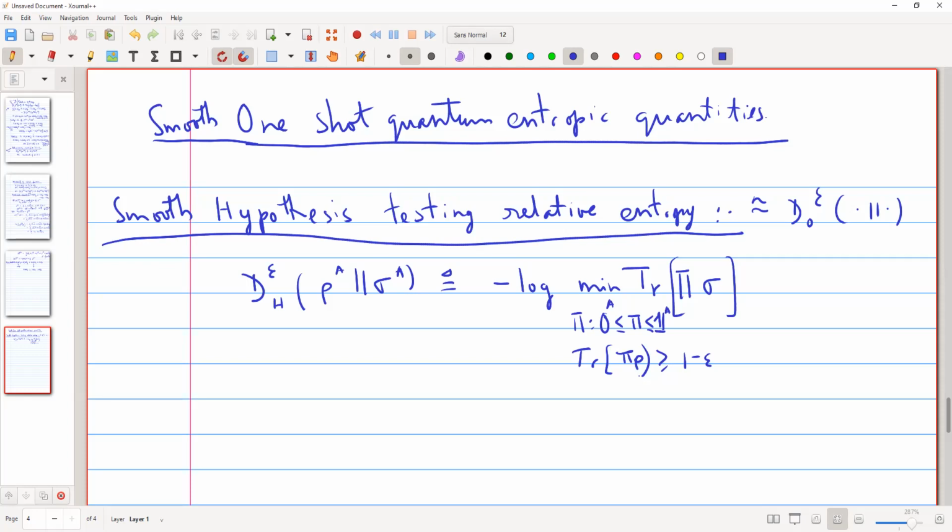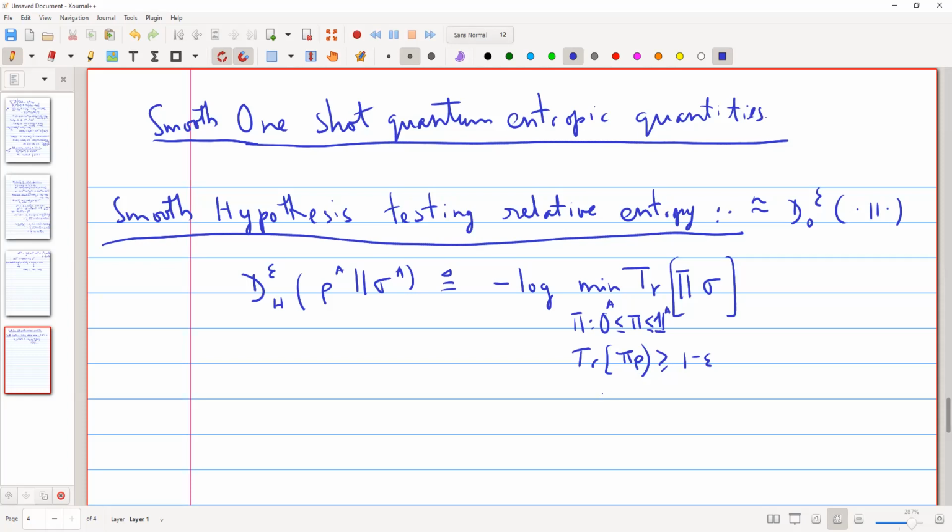This is familiar from the classical case. Classically, everything is diagonal: pi is a diagonal matrix, rho is a diagonal matrix, it's just a probability distribution. Trace of pi rho is the probability of accepting the positive hypothesis. For each sample point A, I have an acceptance probability, and that sample point comes up under the distribution P with some probability.